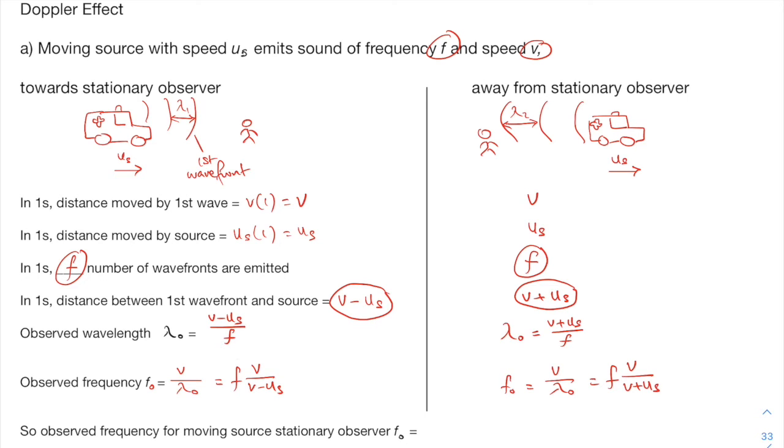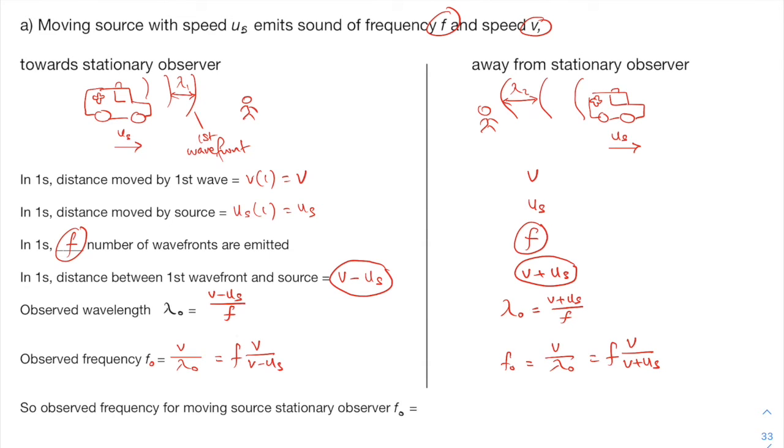So this is the equation for a moving source moving away from a stationary observer. So let's combine the two together. The observed frequency for moving source and stationary observer would be f v over v plus-minus u subscript s.